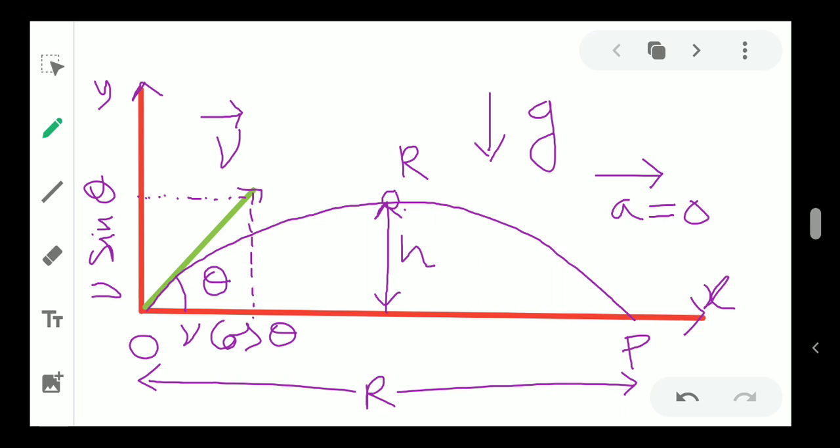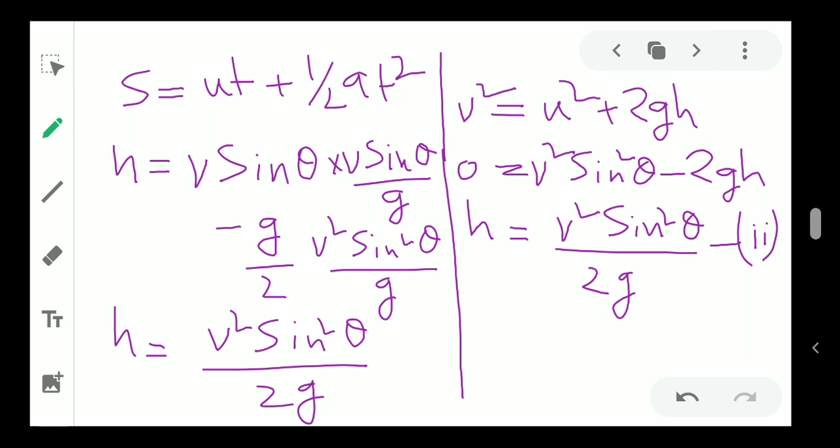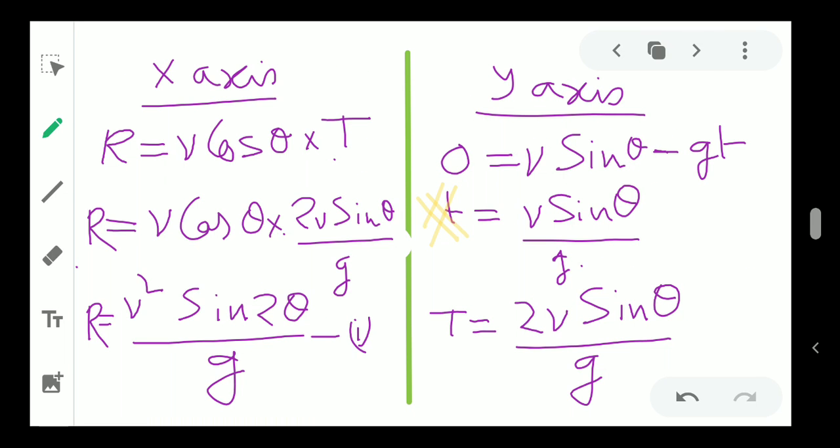I have to find out what my vertical motion is from R to P. When it is coming from R to P, the initial velocity is 0, but I have to find the final velocity. I want to see whether the velocities are the same or not. I know my h, right?